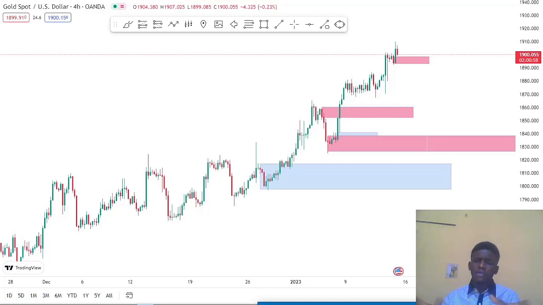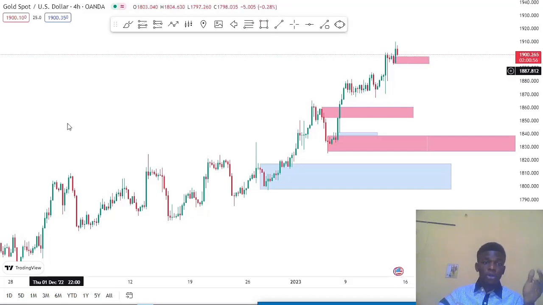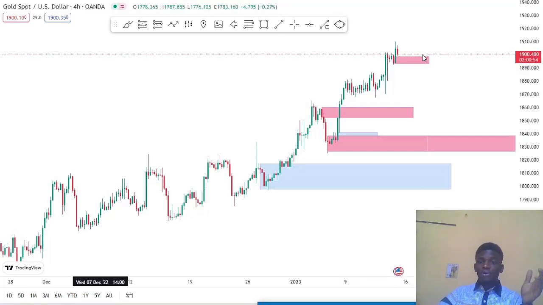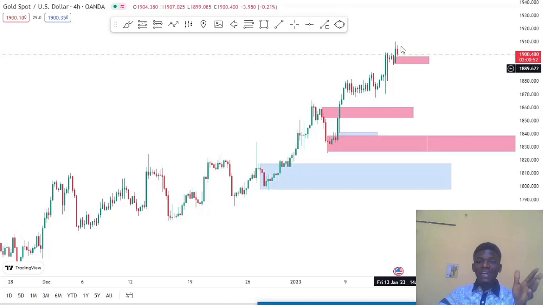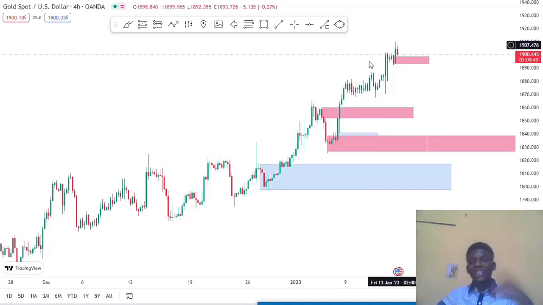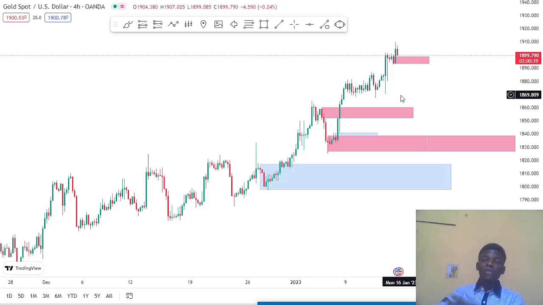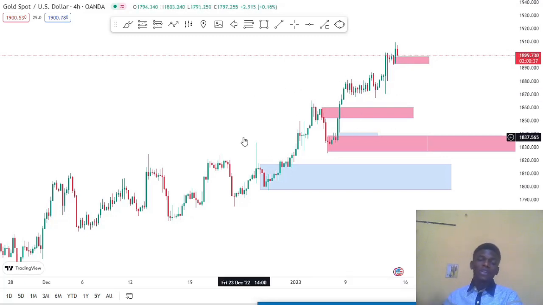For example, currently, what's the current price of the market? We're creating a high on the 4-hourly time frame. This might be a pullback on the daily time frame to take a short, meanwhile the 4-hourly time frame is telling us to go long. So you must be able to relate the higher time frame to the lower time frame in order to find the good entry or perfect trade setup.